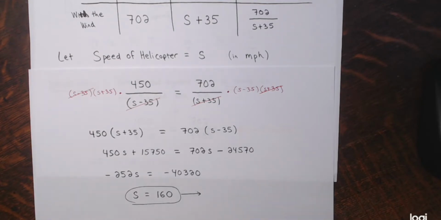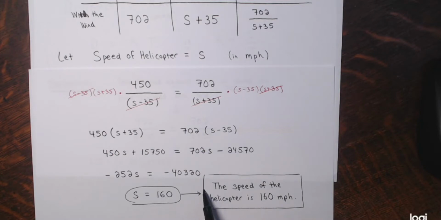They asked us to find the speed of the helicopter, and I'm just going to write off to the side here, the speed of the helicopter is, in this case, 160. And again, units should be on these numbers to give them meaning: miles per hour. It represented the speed of the helicopter in miles per hour. Right. Wonderful.